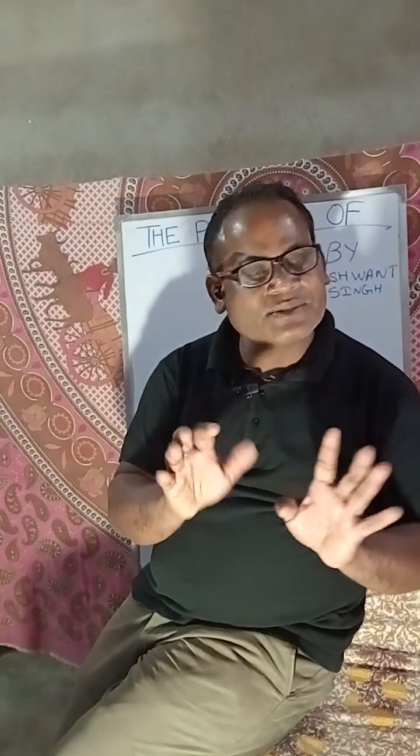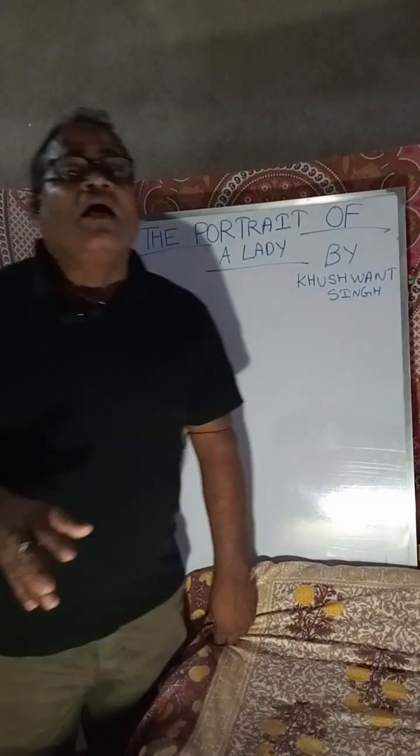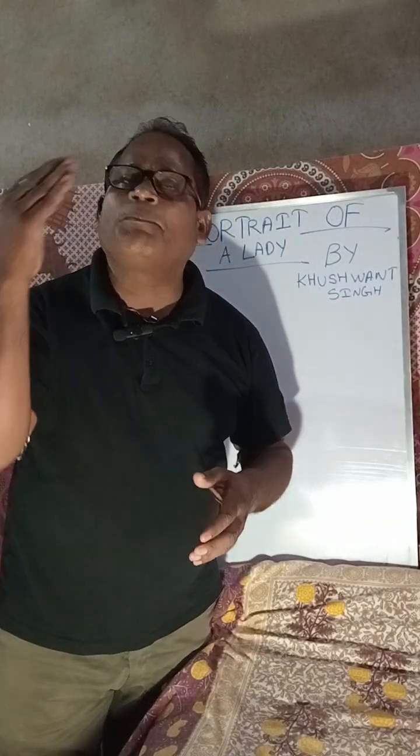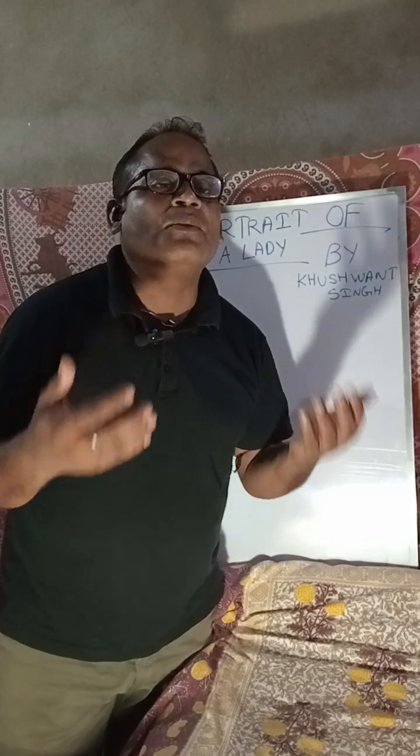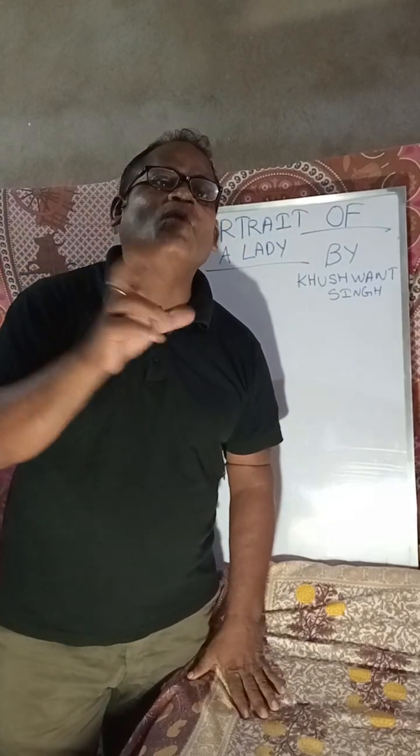Number one, she was short. Number two, her face had wrinkles all over it. Number three, she was bent in her posture, like this. And Khushwant Singh talks about a portrait of his grandfather on the wall.